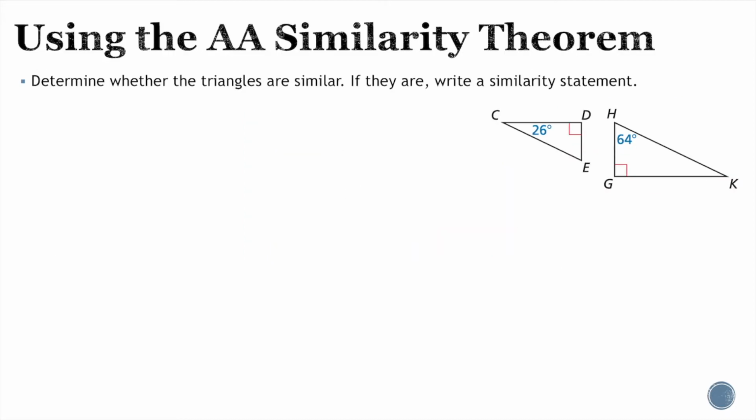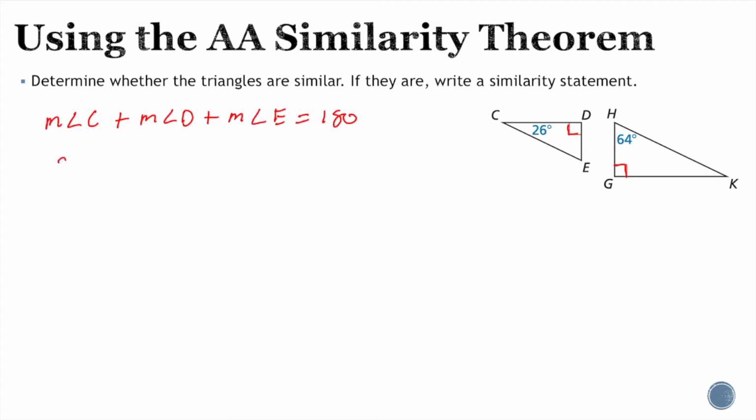So, how can we use this understanding to find out whether two triangles are similar? Let's take a look at this example. Here I have two triangles and I want to figure out whether they're similar. Well, I know that angle D is congruent to angle G because all right angles are congruent. And I do also know that the measure of angle C plus the measure of angle D plus the measure of angle E has to equal 180 degrees by the triangle sum theorem.